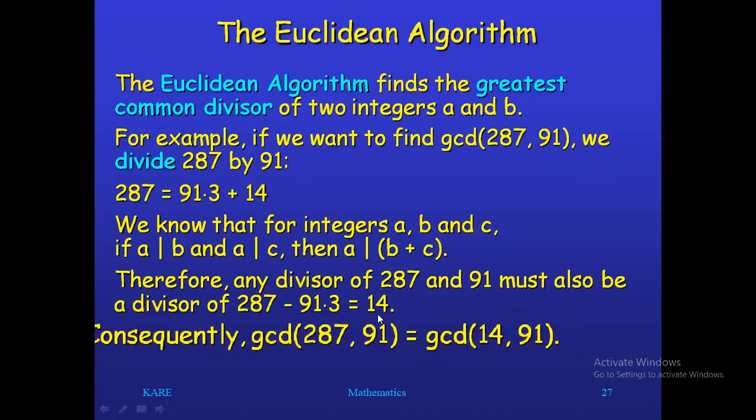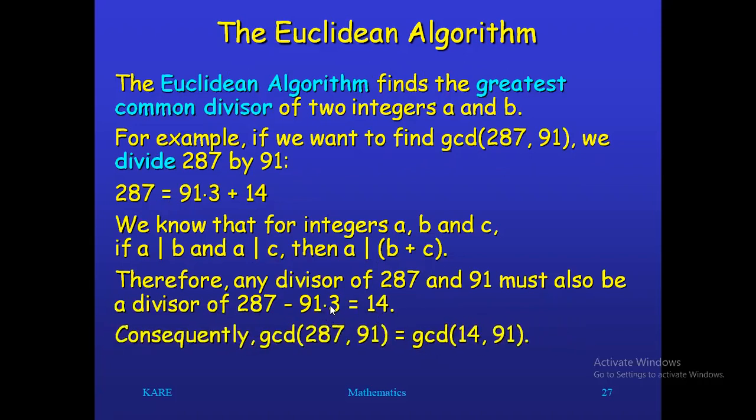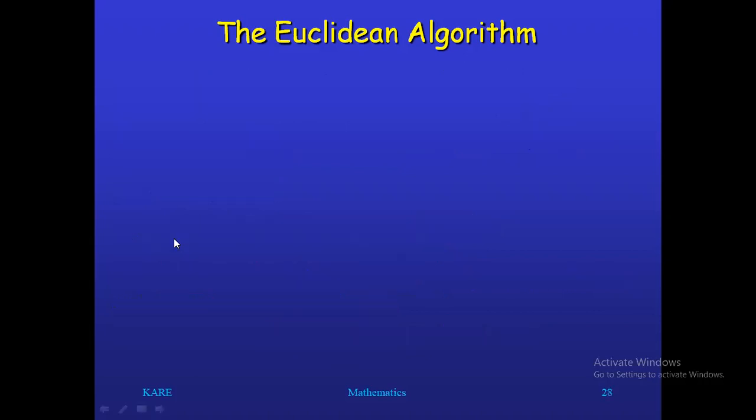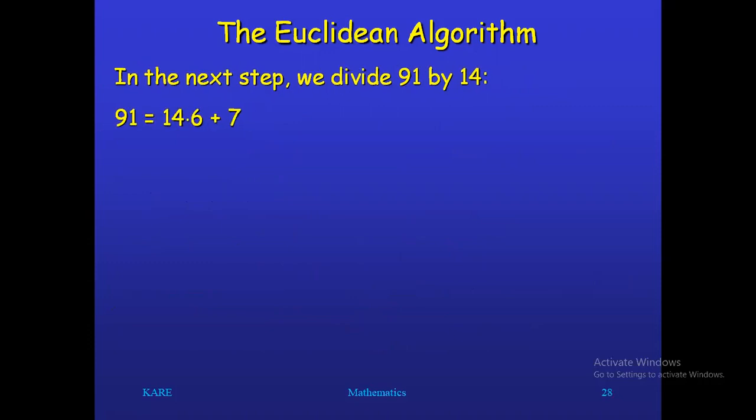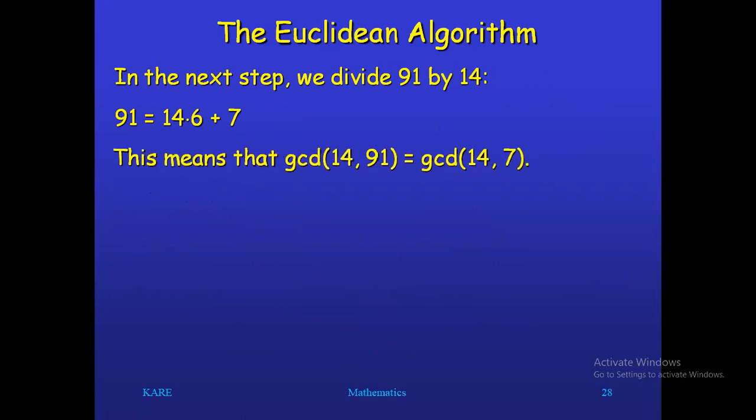So next step, what is given? Since it divides 287 minus 91 times 3, that is equal to 14, using that concept we say that GCD of 287, 91 is equal to GCD of 14, 91. Next step, we divide 91 by 14. So 91, I can write as 14 times 6 plus 7.